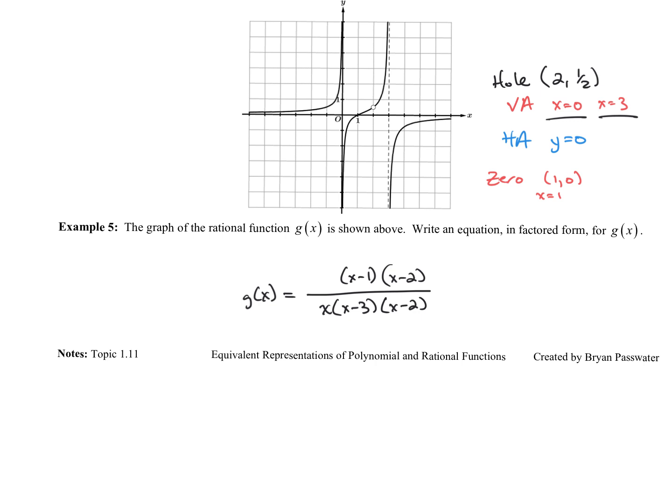So again, on a hole, we cancel out this portion to make my simpler function. Where's my hole going to be located? At 2. So let's make sure we get it. So if we substitute in 2 right here, what do we get? 2. What do we get here? -1. So what do I have in my denominator? -2.